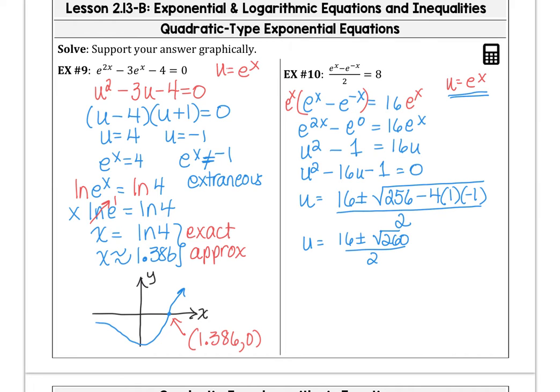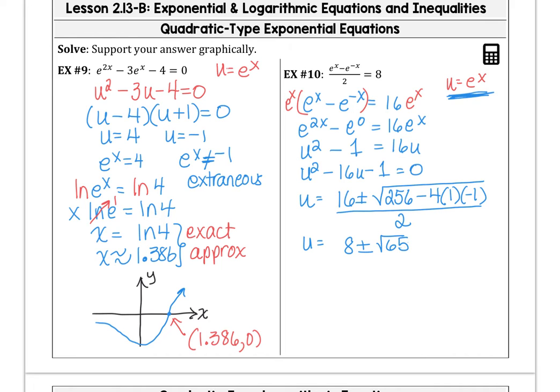The square root of 260 is 2 square roots of 65, and we're dividing by 2, and then 16 divided by 2, so I'm going to erase all of that. And we end up with 8. 16 divided by 2 is 8, plus or minus the square root of 65.